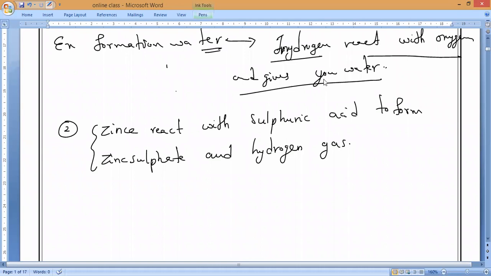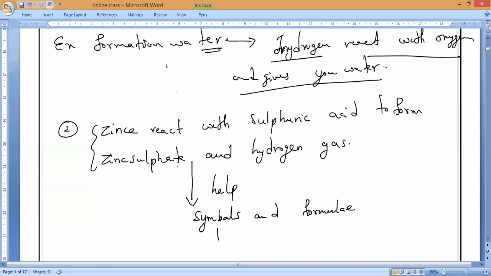So that is the reason we write these chemical reactions, this full complete sentence, with the help of what? With the help of symbols. You understand? And as well as formulae, chemical formulae.